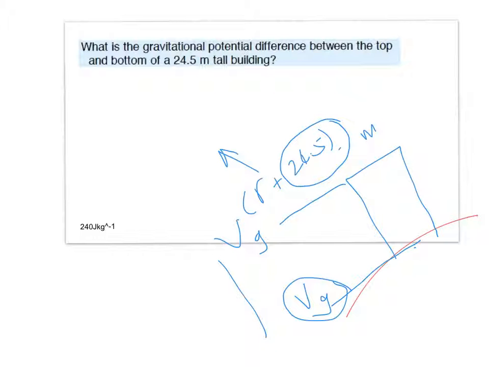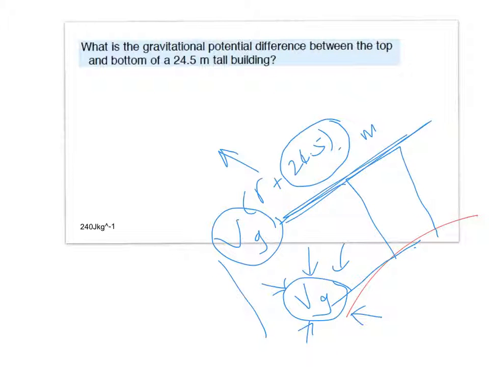So what you have to do is go back and work out a value for the potential on the surface of the Earth to a much, much higher degree of precision. Do not round it up. Then work out the potential up here and then subtract the values. And you should get 240 joules per kilogram.